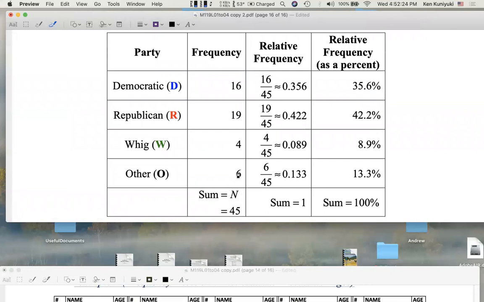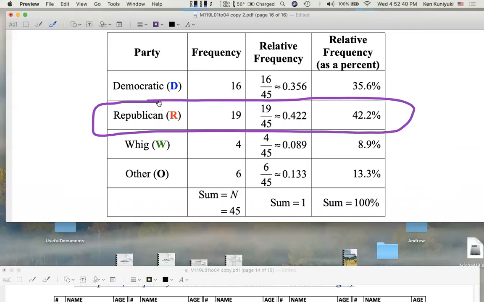To get the relative frequencies, again, you divide these by 45. And the relative frequencies could be written as maybe fractions or rounded off decimals or percents. The modal class here would be Republican, at least based on the way that we're assigning the party labels. Different historians do it different ways.